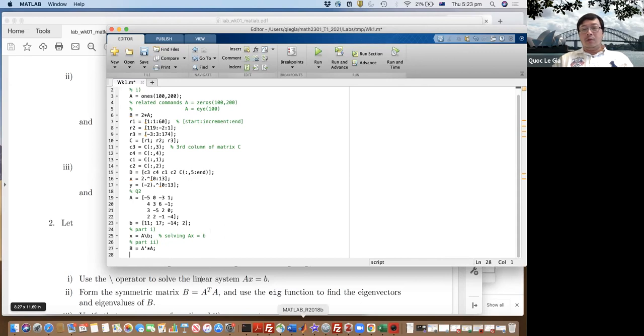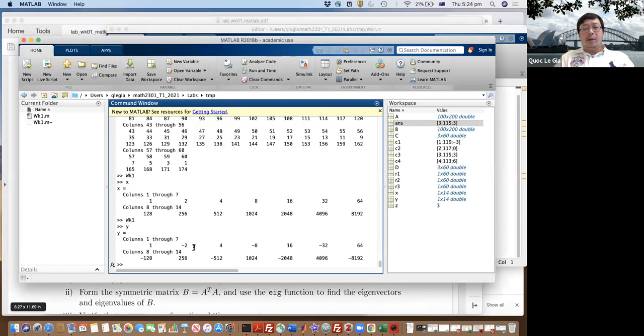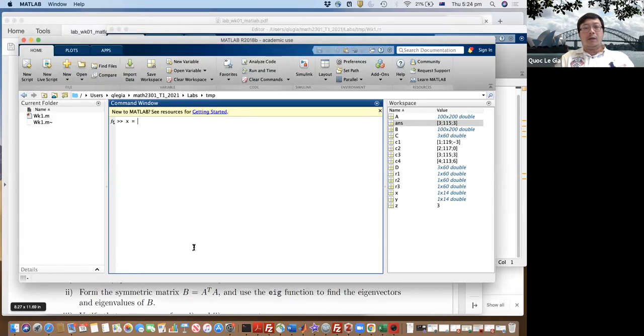So I can show you what I mean by this. If I go to MATLAB, suppose I have a very simple vector. Suppose x is 1, 2, right? A row vector. When I take x transpose, I get a column vector, 1, 2, no problem.